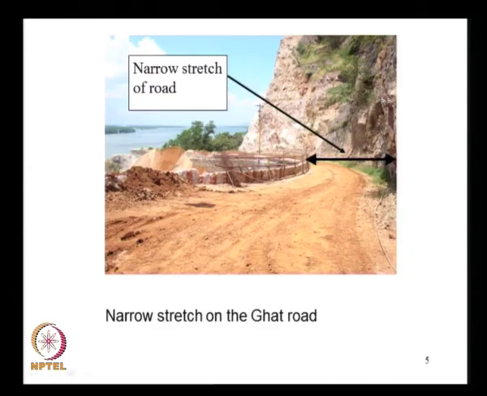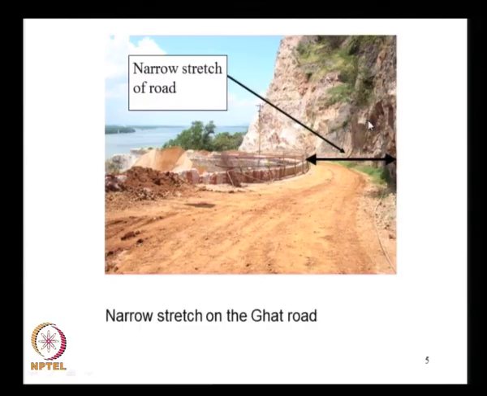And here you see the narrow stretch of the road. Actually it is so narrow that not more than one small car can pass through, and this has to be somehow widened. You can see the conditions of the hill here.